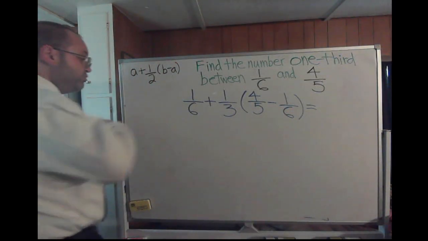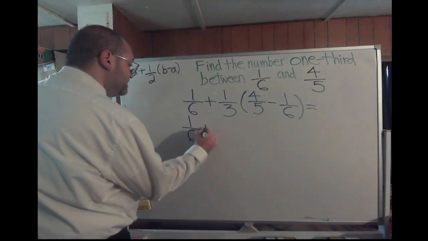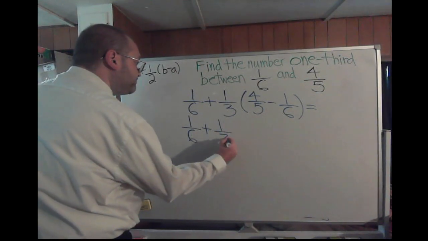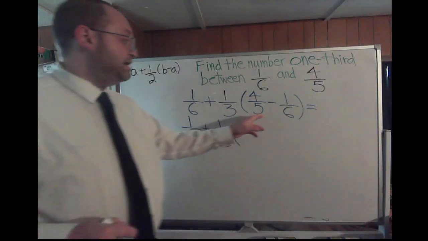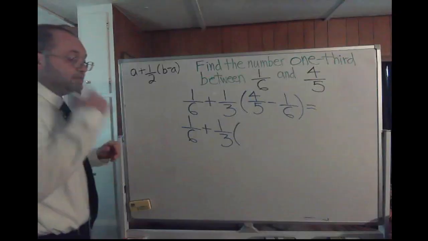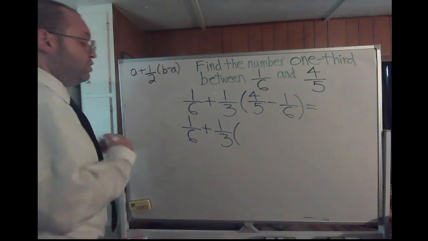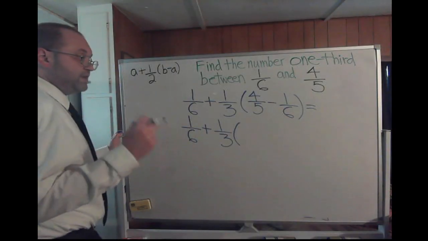So let's work in the parentheses now. You'll still have 1/6 plus 1/3 times, okay, we need to find the least common denominator of 5 and 6. That's probably going to be 30. So you've got to multiply the numerator and denominator of the first fraction by 6.